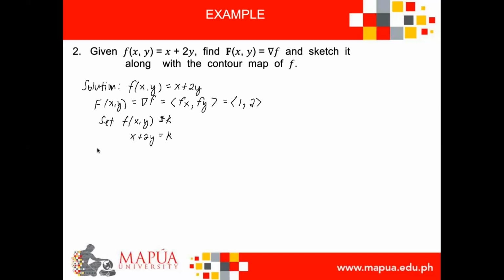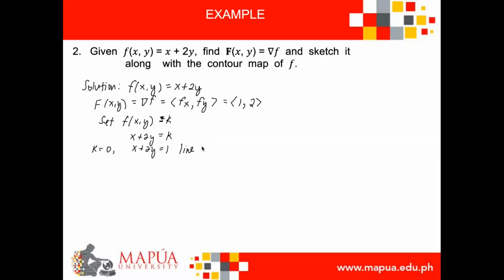So let us define some k values. Suppose we have k value, let's say 1, your equation will be x plus 2y equals 1. When we describe the graph of this equation, it is a line.